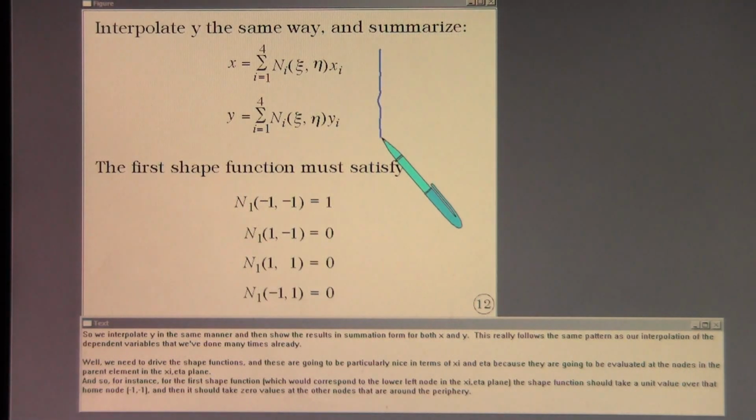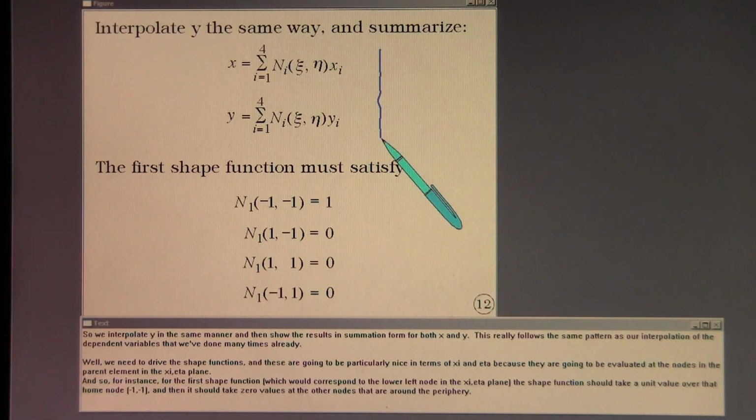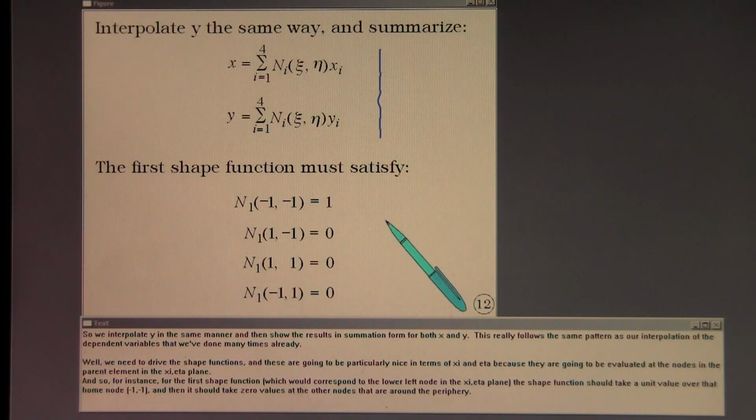This really follows the same pattern as our interpolation of the dependent variables that we've done many times already. Well, we need to derive the shape functions, and these are going to be particularly nice in terms of ξ and η because they're going to be evaluated at the nodes in the parent element in the ξ η plane.